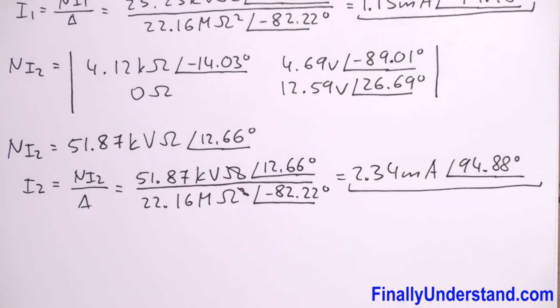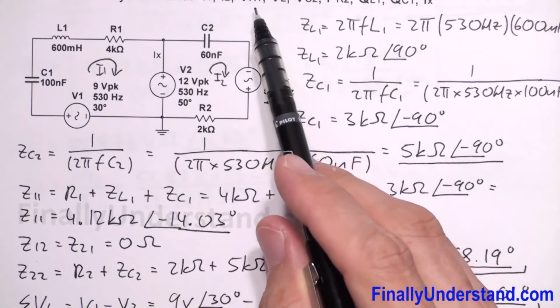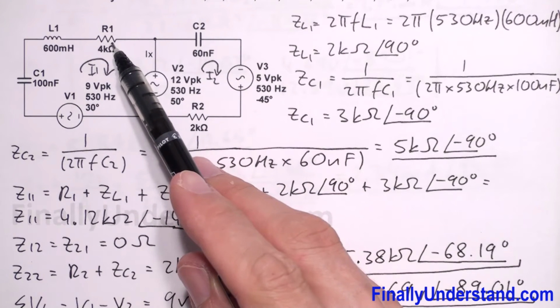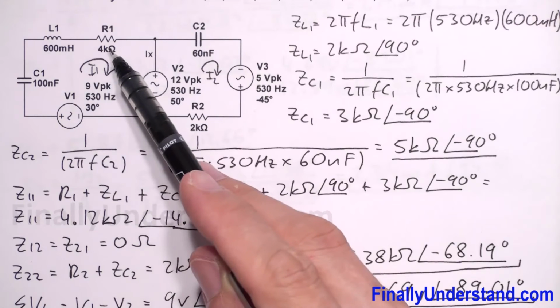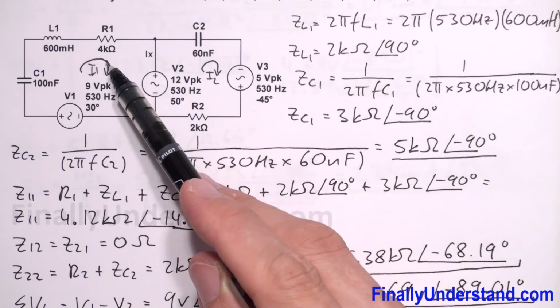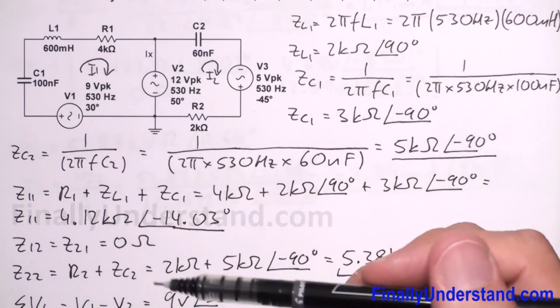Next, we're supposed to find the voltage across resistor R1. We have current I1 going through this resistor, so if you want to find the voltage across this resistor, you're supposed to simply multiply I1 by R1 and you'll get the voltage VR1. So let's do it.